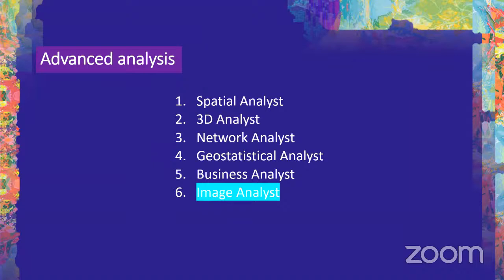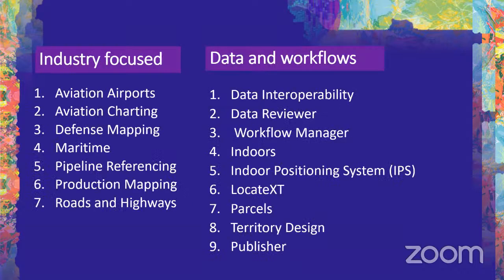And there are other extensions too, certain extensions contributing certain processing activities in different subjects. So Pro is growing as the key product for GIS applications in the ArcGIS platform.